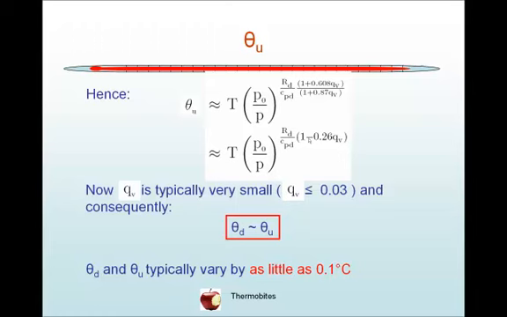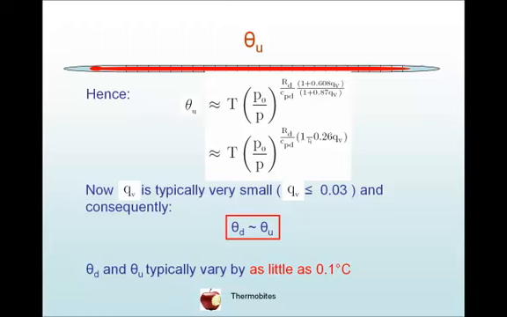That will leave you with a quadratic, which is (1 plus 0.608 qv) multiplied by (1 minus 0.87 qv). And when you multiply that out and you ignore factors involving qv squared, you end up with the approximate expression shown below, where theta u is T multiplied by (P0 on P) to the Rd on Cpd, multiplied by (1 minus 0.26 qv), which is all a bit of a mouthful.